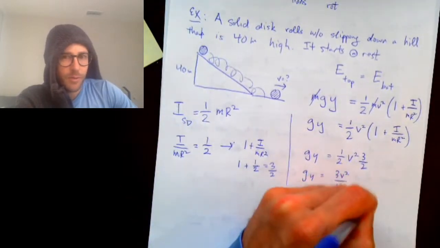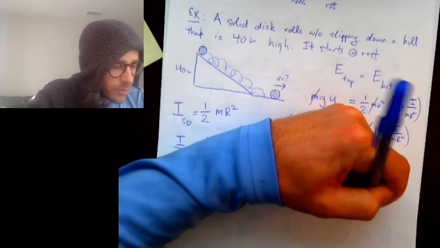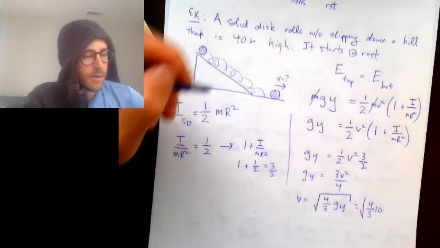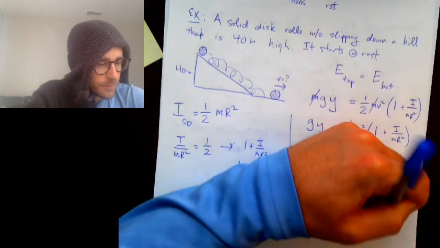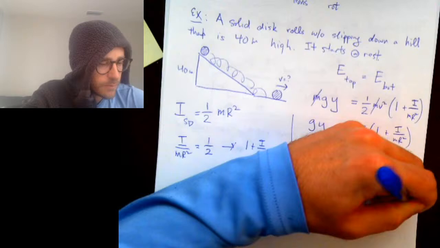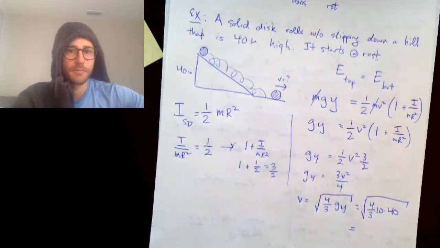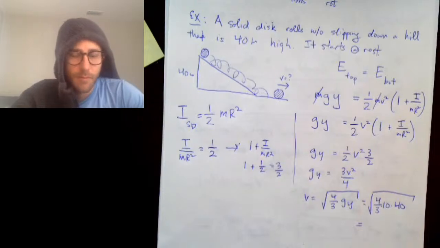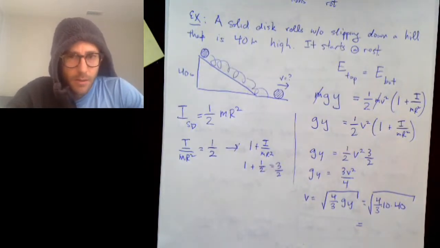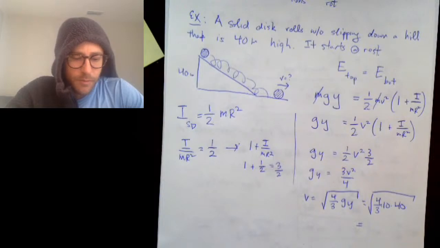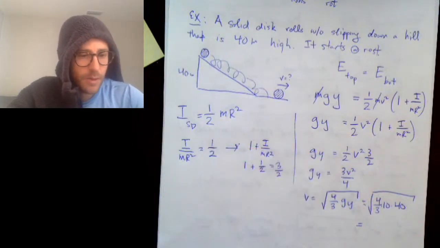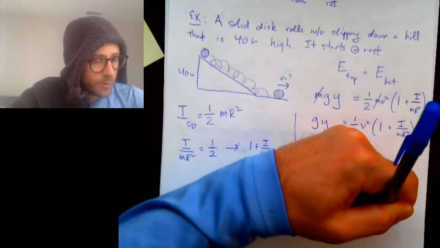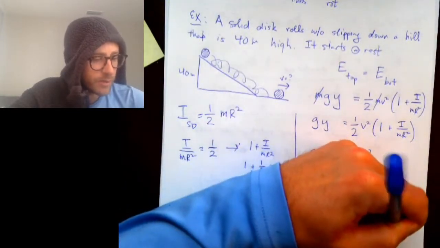So that's going to be the square root of 4/3. Gravity is 10, and the height is 40 meters. So 4/3 times 10 times 40, square root. And I get that it's going to be going at 23 meters per second at the bottom of the hill.